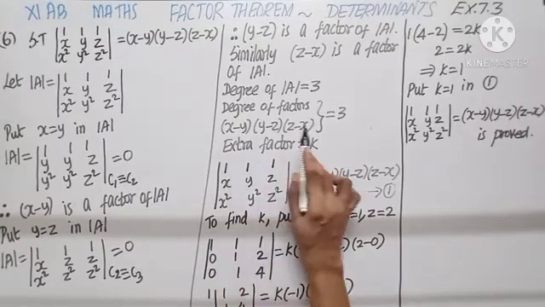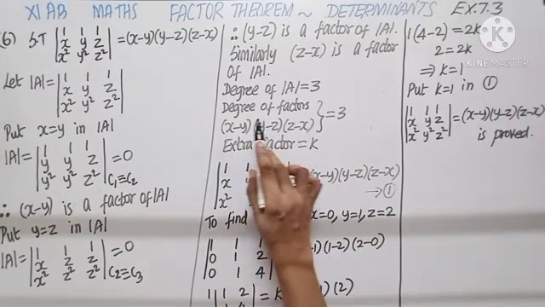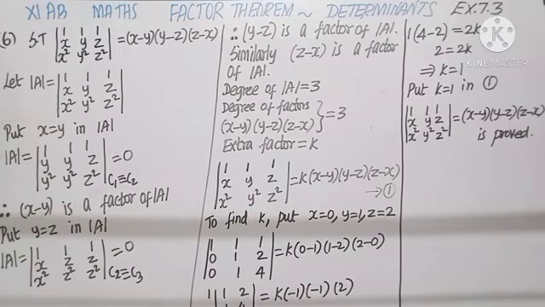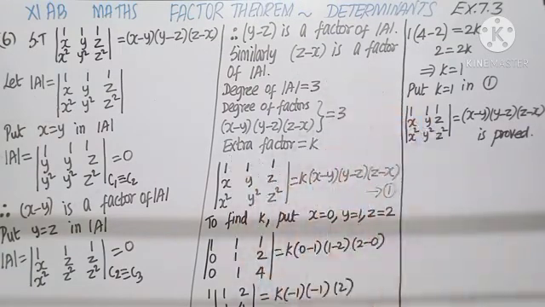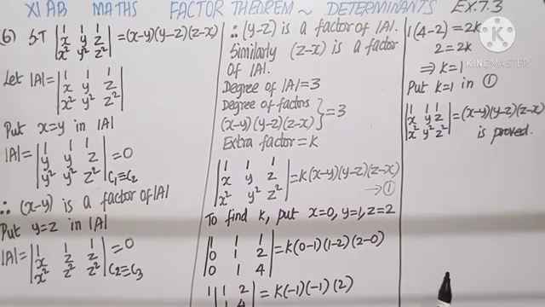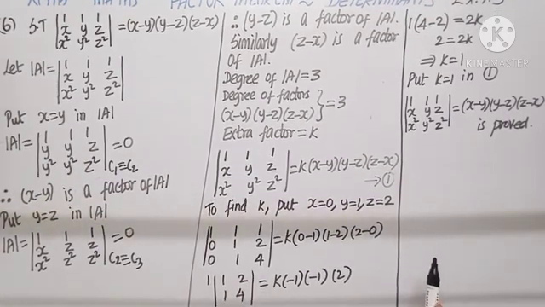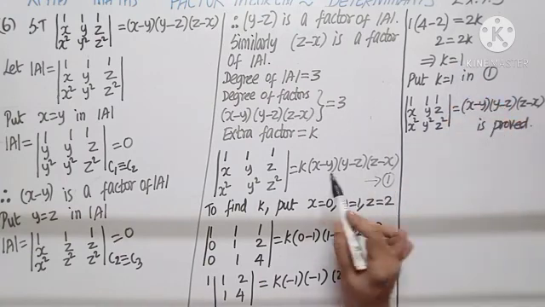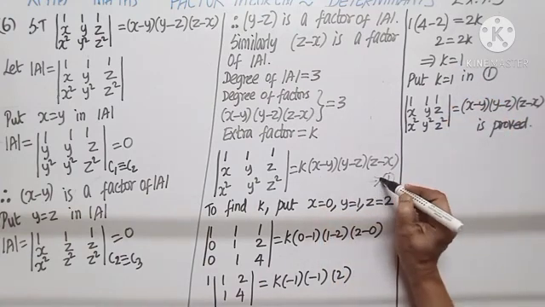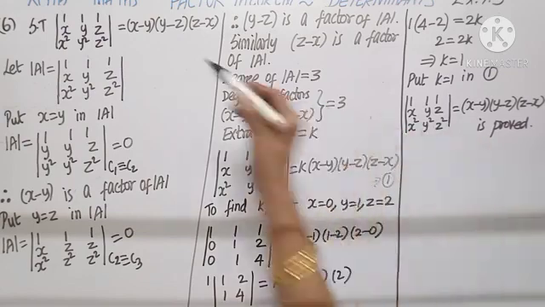When I multiply, add the degrees. 1 plus 1 plus 1, it is 3. Whenever both the degrees are equal, let the extra factor be k. To find k, put suitable values for x, y and z so that no side becomes 0. As I simplify, I get k is 1. Put k value back in this equation. I get the required result.